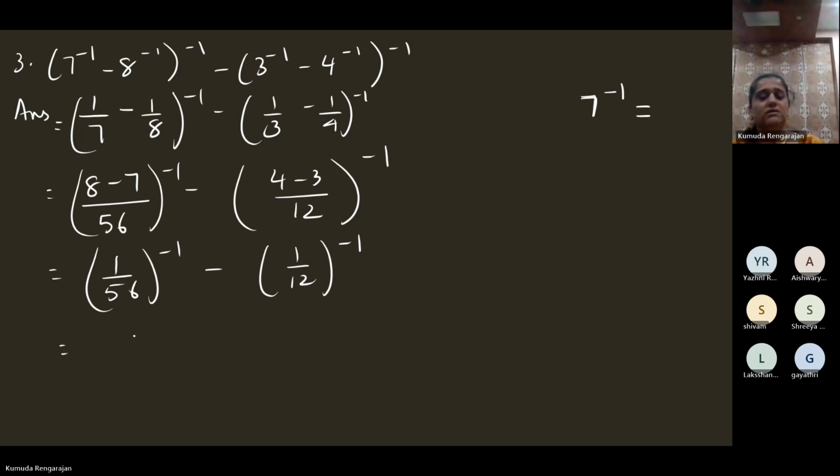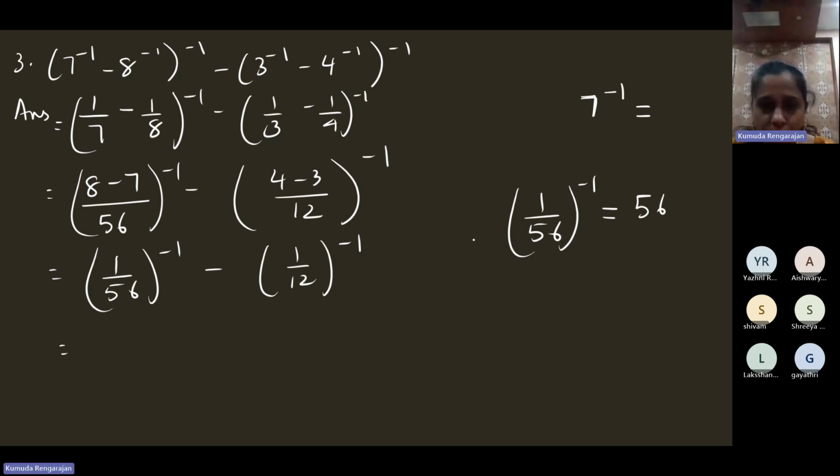So again, the power is negative. If you want to write 1 by 56 to the power minus 1 in a different way with a positive power, the rule is take the reciprocal of the base.